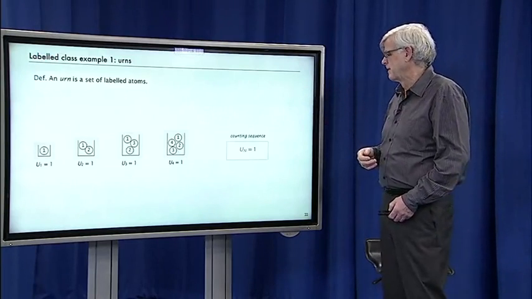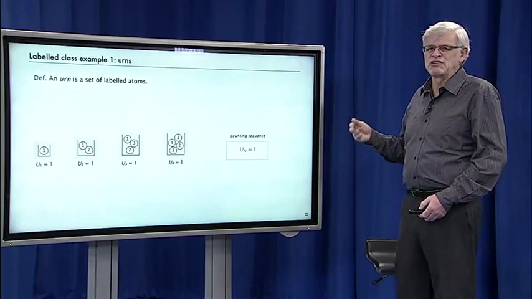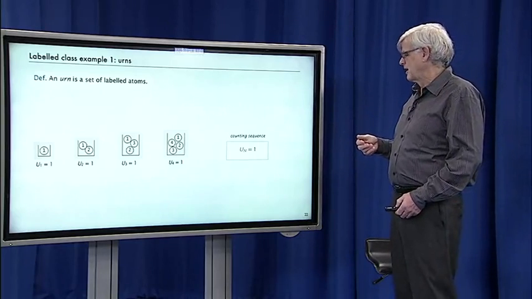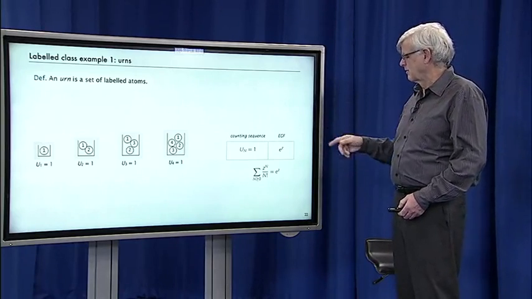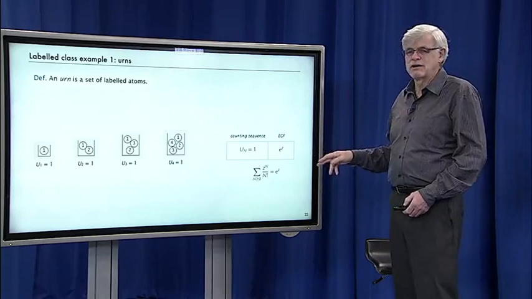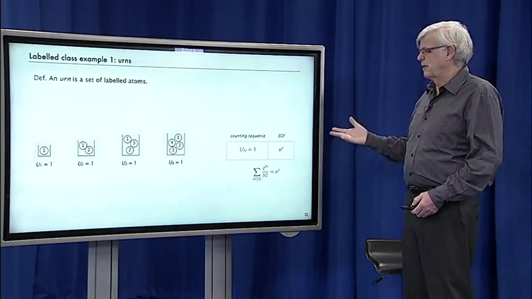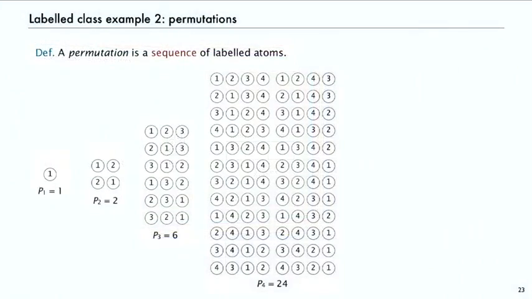So there's only one of each kind, but now we're going to use exponential generating functions. The exponential generating function for urns is e to the z. There's one of each kind, z to the n over n factorial summed is e to the z. So that's a first basic example.